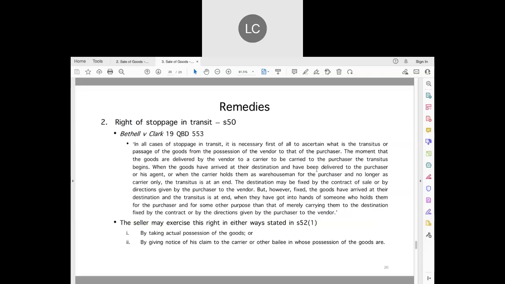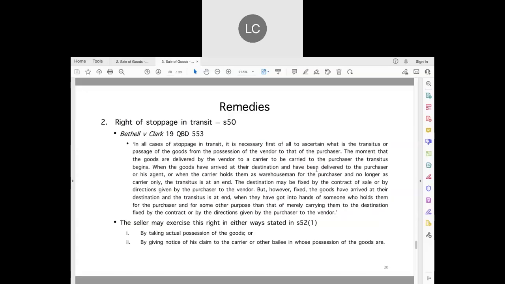And the position of transit has been aptly summarized by the court in Bethel and Clark, which you can read from the slide. So how does a seller exercise his right of stoppage? That is stated in 52 sub 1.